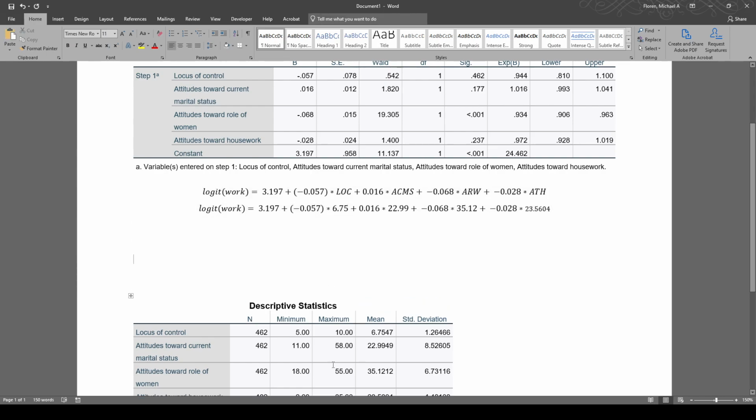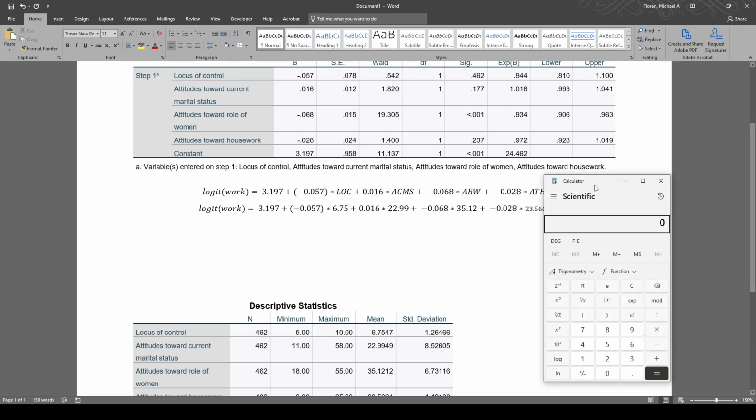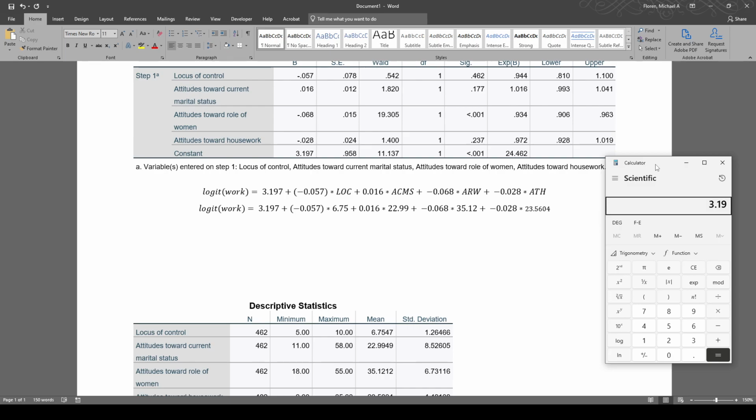And so I'd plug this into my calculator, and what the heck, why not just do it. 3.197 minus open parentheses 0.057 times 6.75 close parentheses plus open parentheses 0.016 times parentheses minus open parentheses 0.068 times 35.12 close parentheses minus open parentheses 0.028 times.